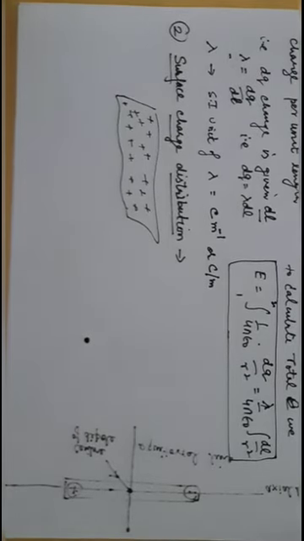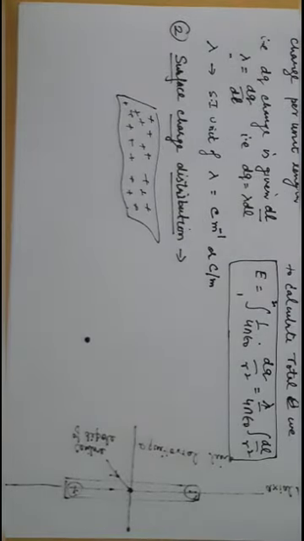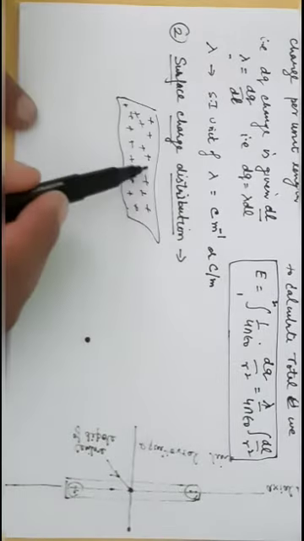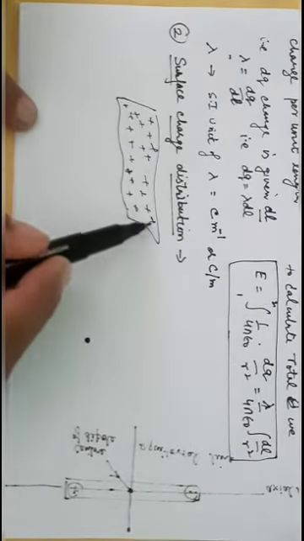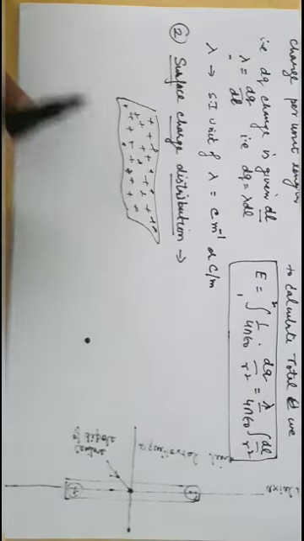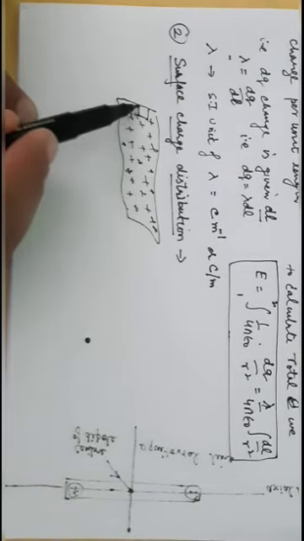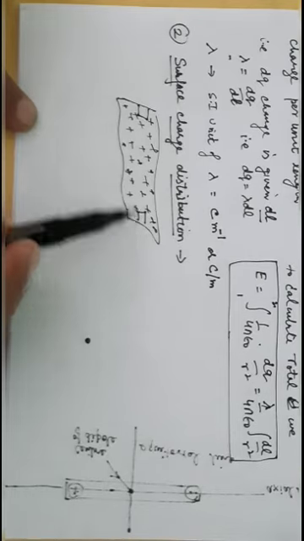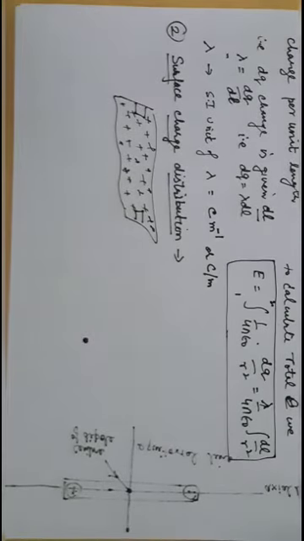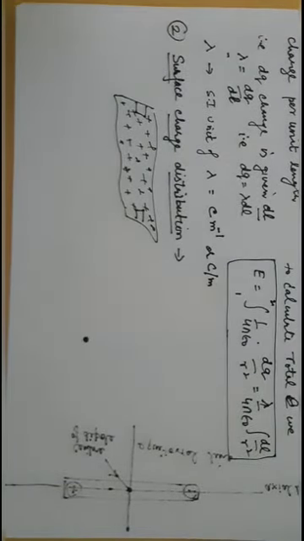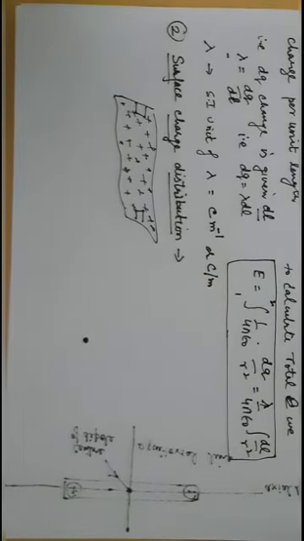In surface charge distribution, the charge is distributed over a surface. If I take any kind of surface and give a charge to the whole region, then the charge is distributed continuously and uniformly over this area. So here, with a sheet, the charge is uniformly distributed over the whole sheet equally. If I take one section at this point and an equal section at another point, both will have an equal amount of charge. That means the charge is distributed uniformly.